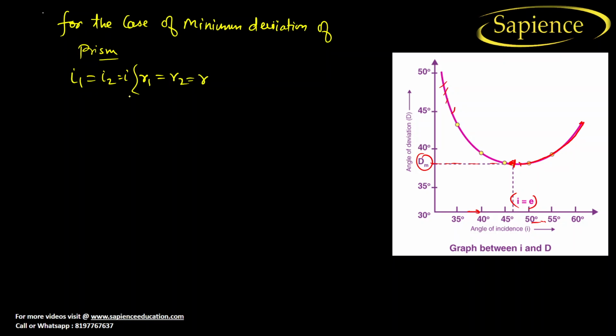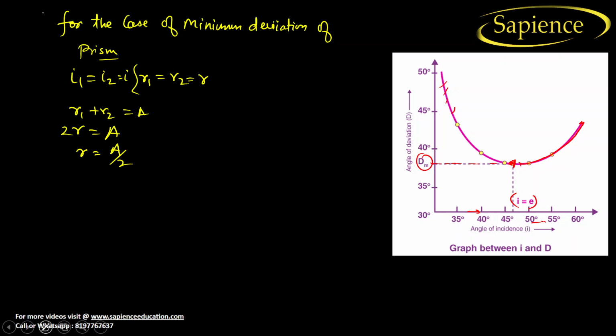Let us consider this as I, and R1 equal to R2 equal to R. So from here R1 plus R2 is equal to A, so 2R will be A. So the angle of refraction is A by 2. Got it?